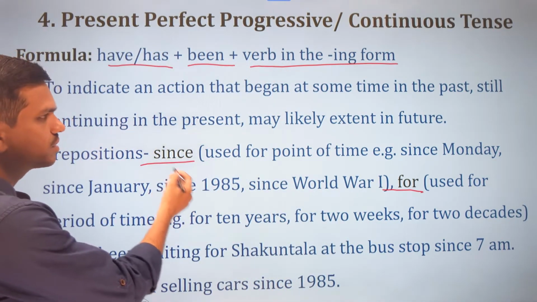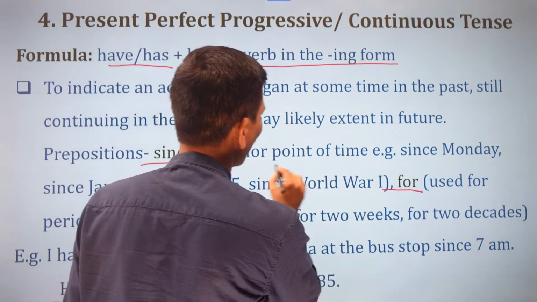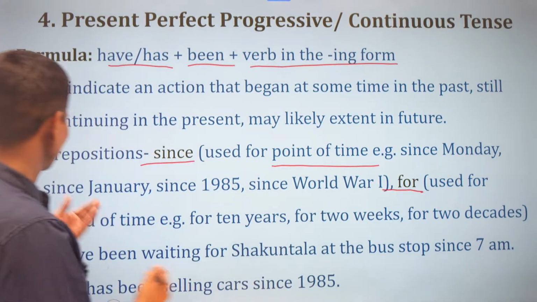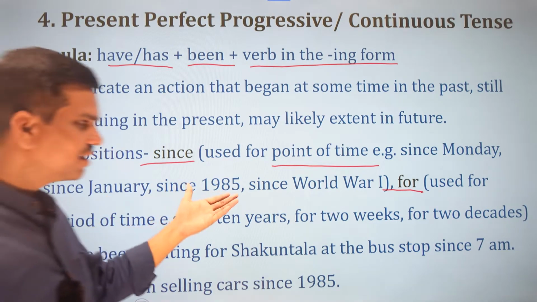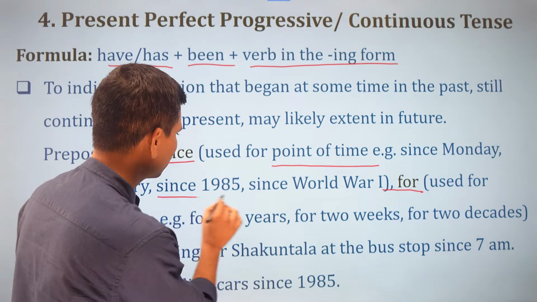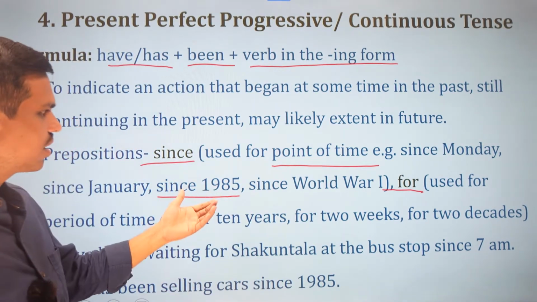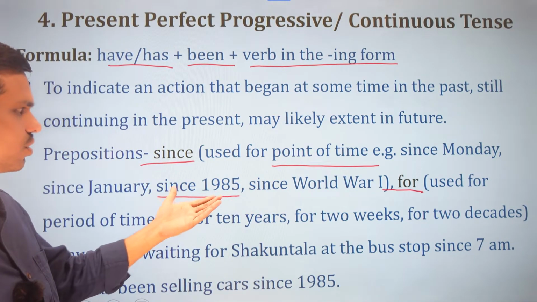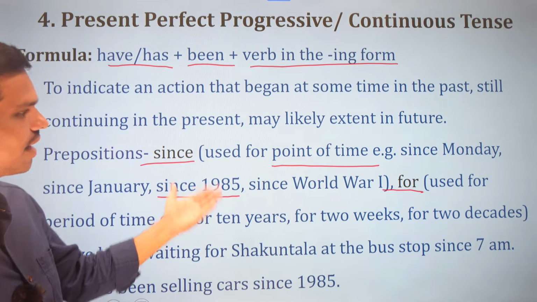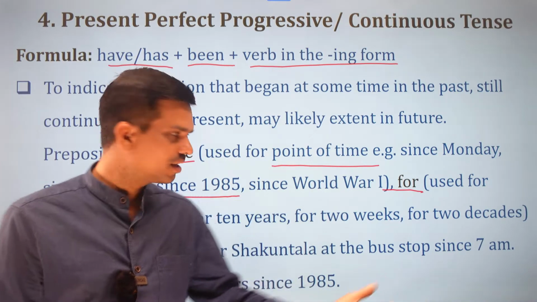You can use since to indicate a point of time. For example, since Monday, since January, since 1985. Whenever you are using this type of words, you should understand that you must use since; 1985 is time indicative.